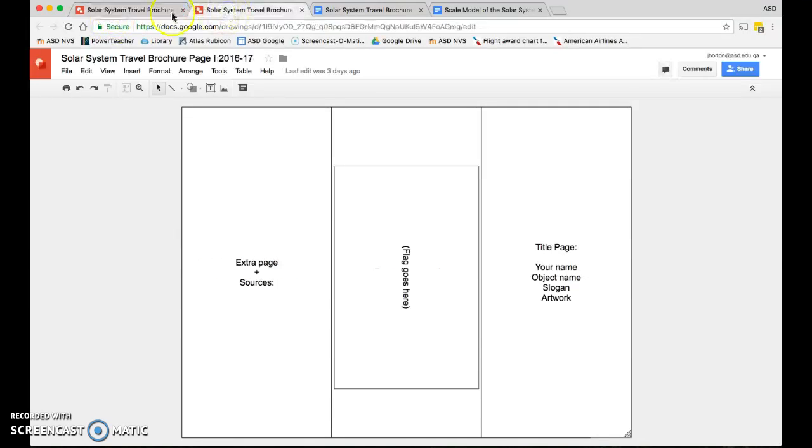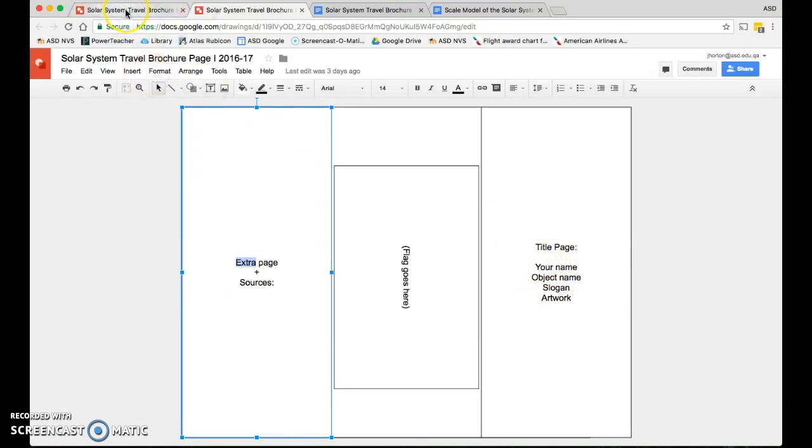And what you could do with these drawings, basically you're going to be doing your brochure on an A4 sheet of paper. If you want to type, you'll make a copy of this because I think you are view only. Basically, you can type all of your information if you'd like to do that.